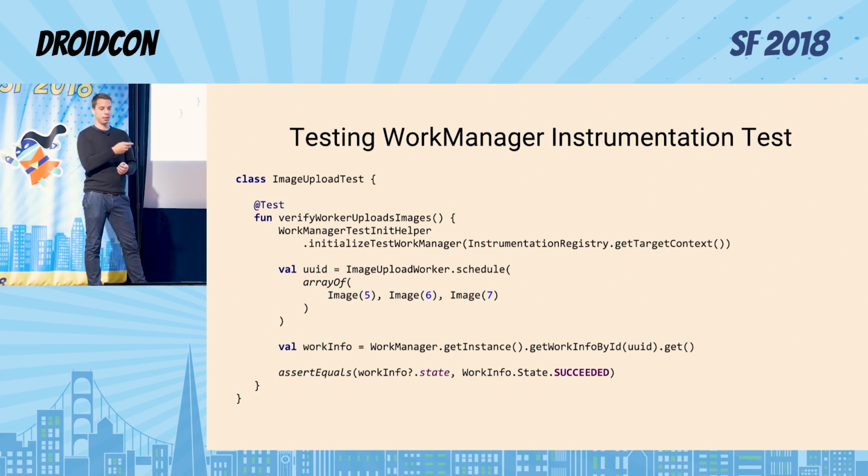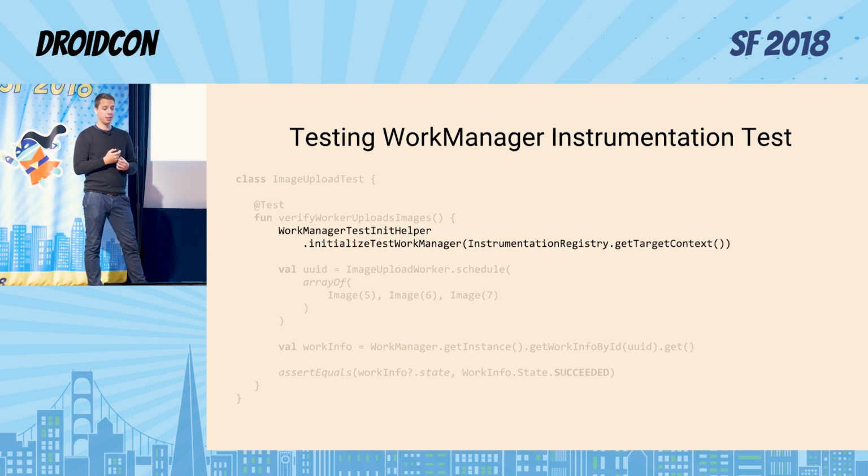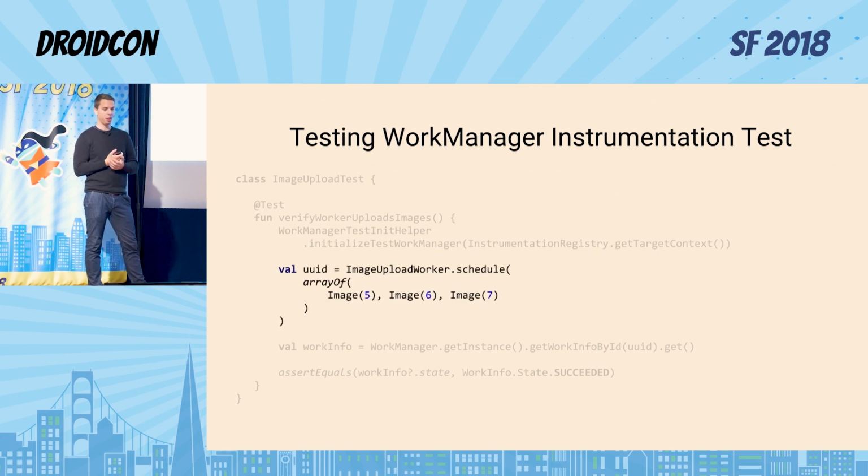So how does this look like in the instrumentation test? First thing you have to do, you have to initialize WorkManager with this test WorkManager. This custom WorkManager allows you to override constraints. For example, if you want to run your worker in 1 hour, then you can override this time constraint so that you don't have to wait a full hour. Then I create my real data here and call schedule on my upload worker.